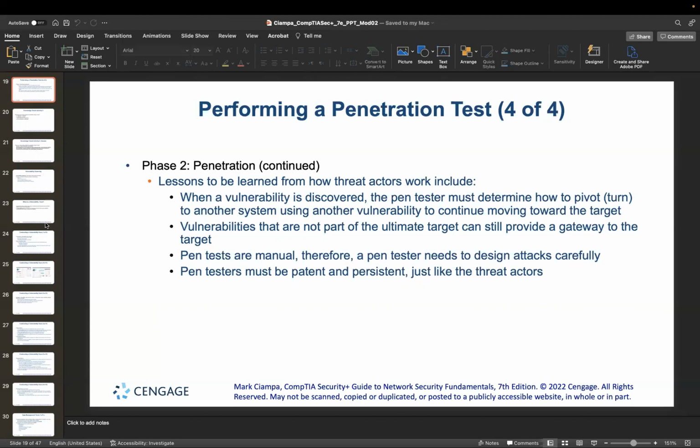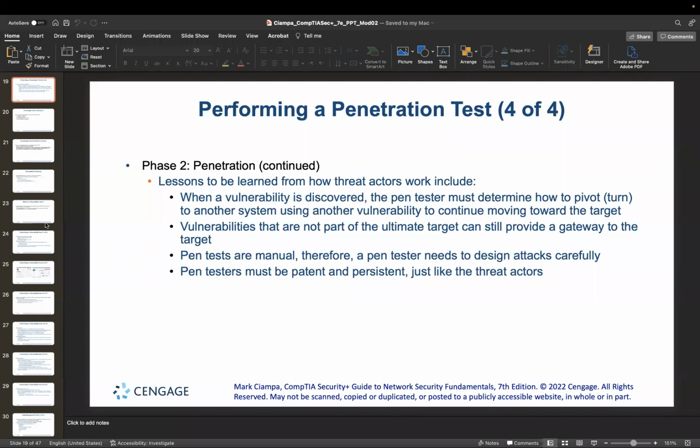So it's just traversing a grid, sometimes horizontally, sometimes vertically, till we get to the deepest depth. Vulnerabilities that are not part of the ultimate target can still provide a gateway to the target. Of course, we're going to report those as well, but those are not the final goal.